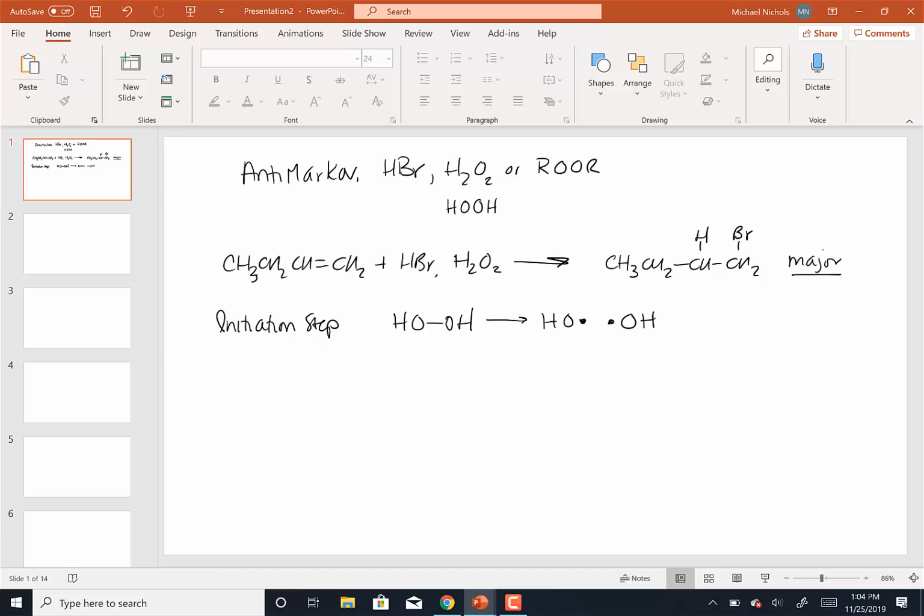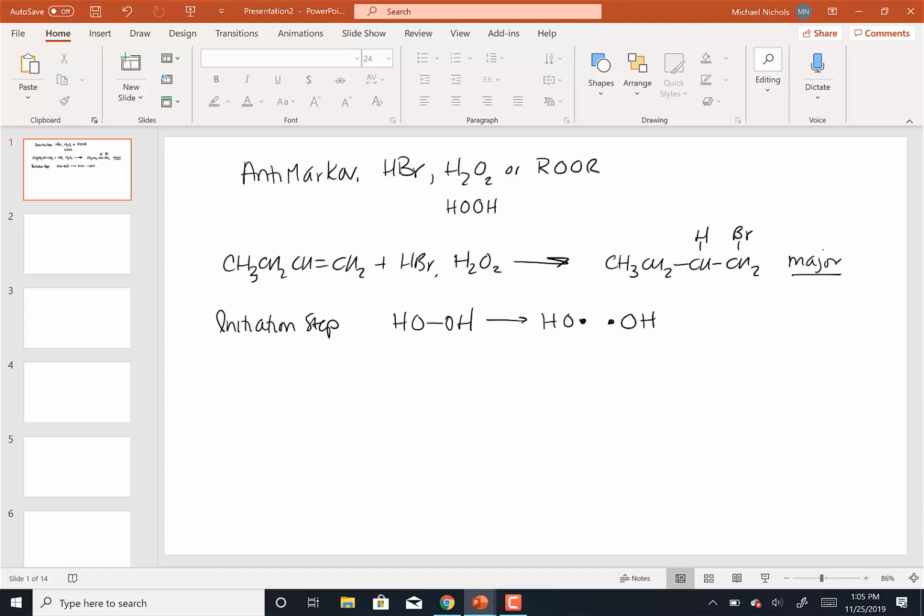We've been breaking bonds heterolytically, meaning that we've been breaking the bonds to give the more electronegative element the pair. But these two oxygens have the same electronegativity, so there's no reason why one should get both and the other one get none. So they're going to split evenly to give each one of the oxygens back its electron.